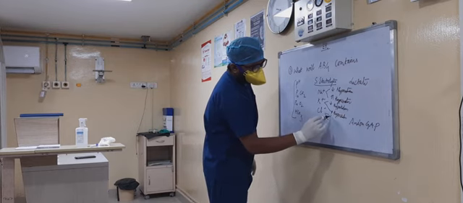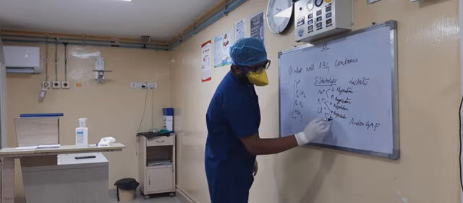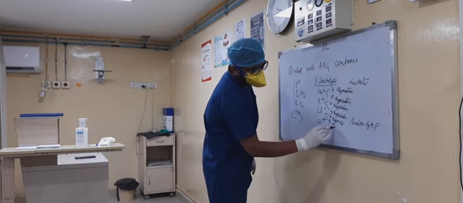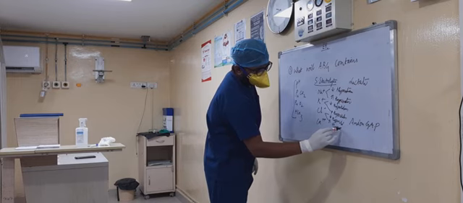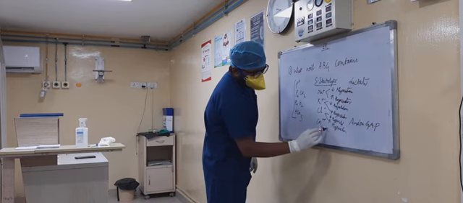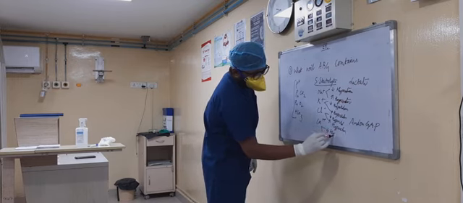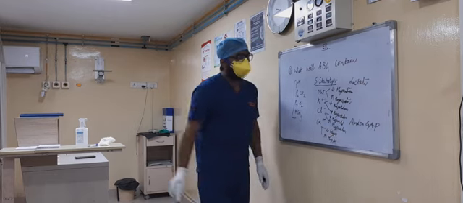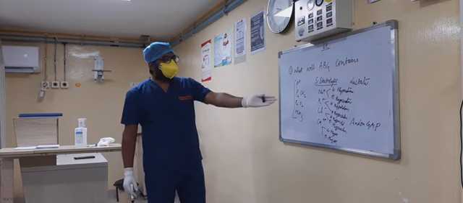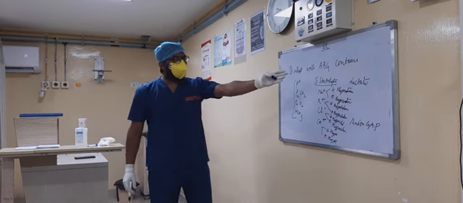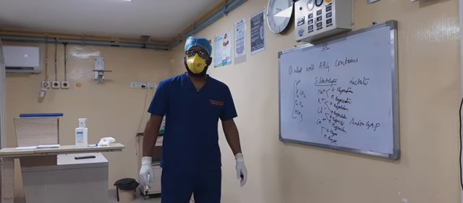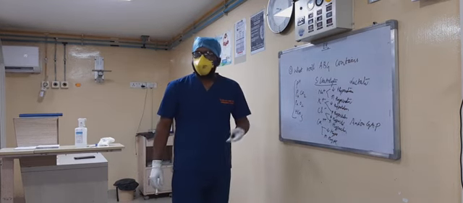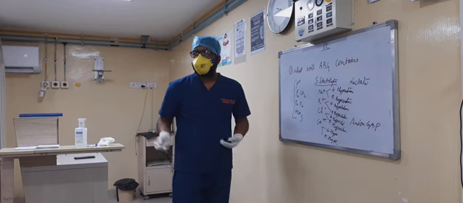Chloride, decrease, hypochloremia, hyperchloremia. Decrease, hypocalcemia, increase, hypercalcemia. So by seeing only the serum electrolytes, we can make out 8 diagnoses here. Okay? If a patient is having hypercalcemia, we can treat it.